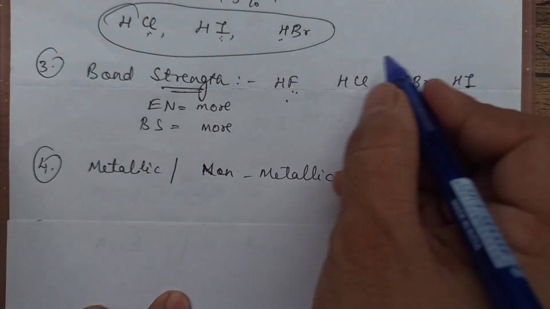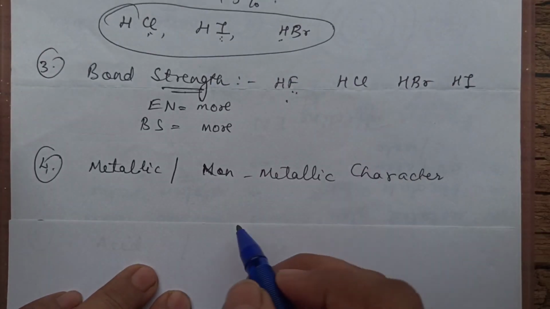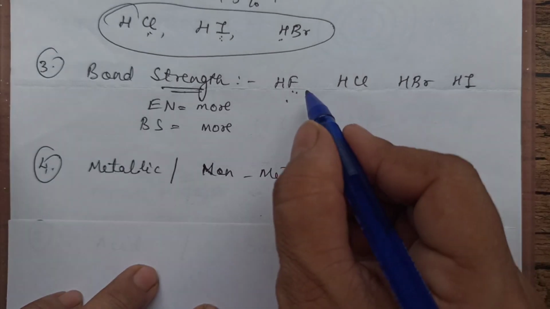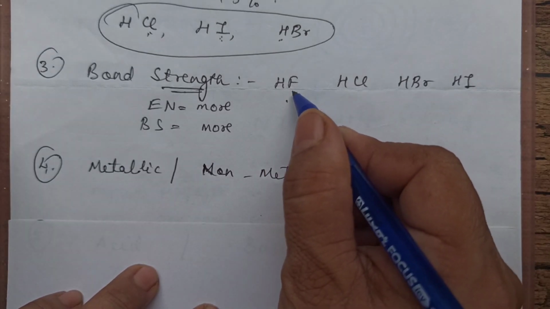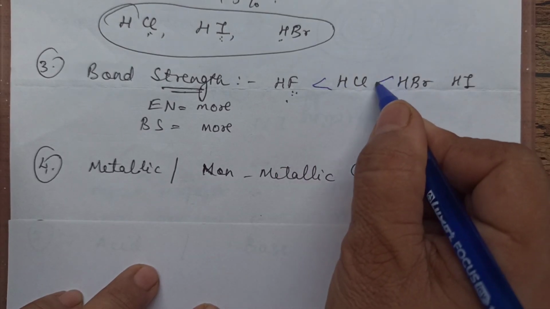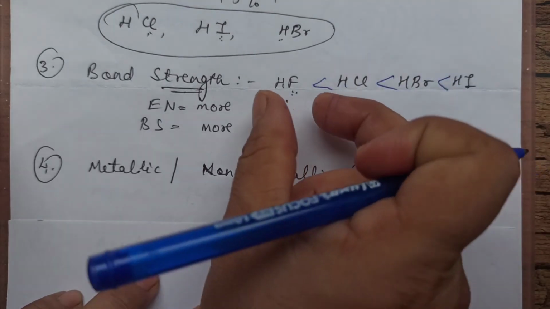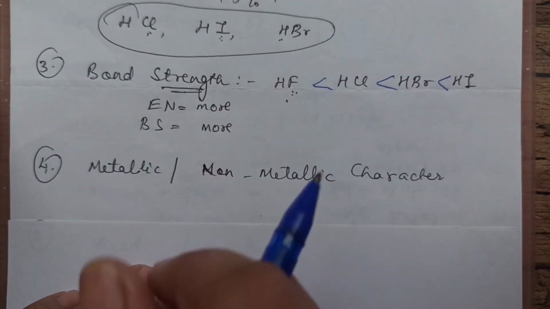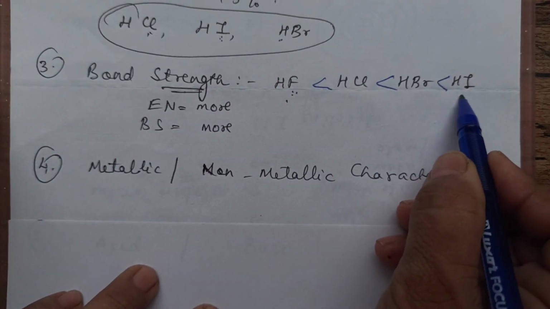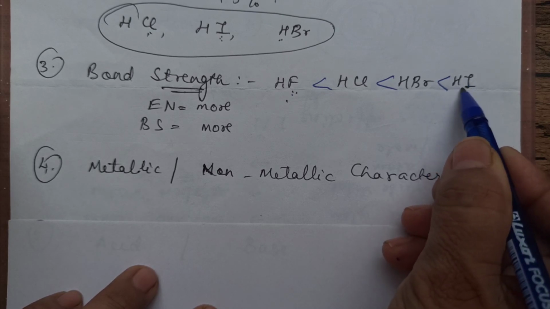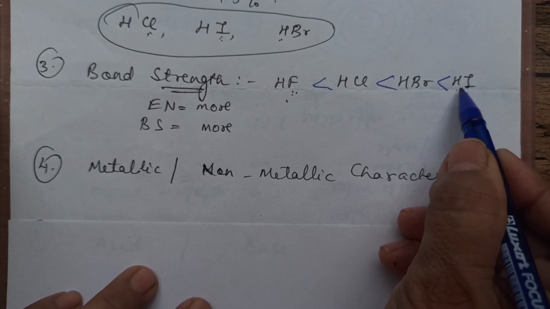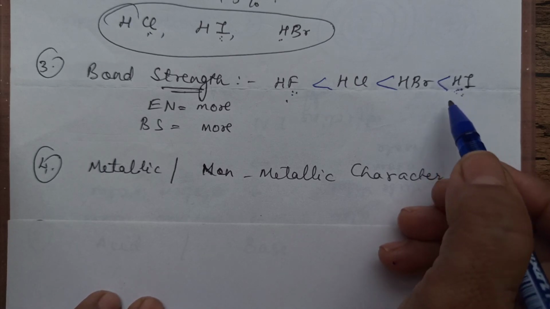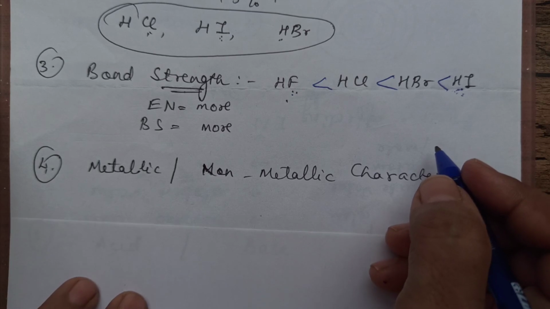Sometimes you can also be asked to arrange them in increasing order of acidic nature. So you will say, the more the bond strength, the lesser the acidic nature. If the bond is strong, it will not break easily. If it is not breaking easily, it will not give H easily. This is a weak bond, that means it will give out H easily. Any species which can liberate hydrogen easily will be more acidic. So you can have all these as application questions from here, right?